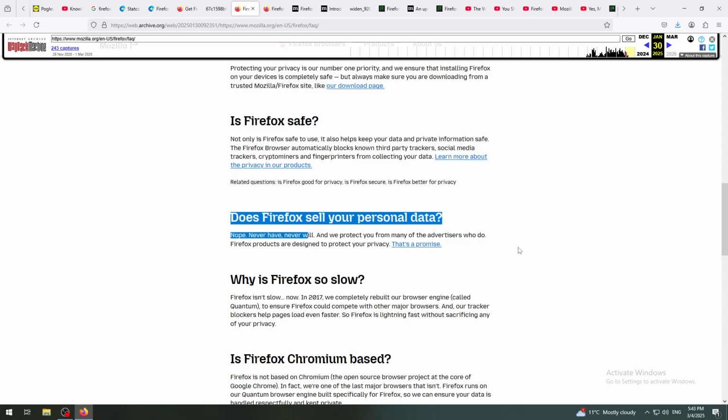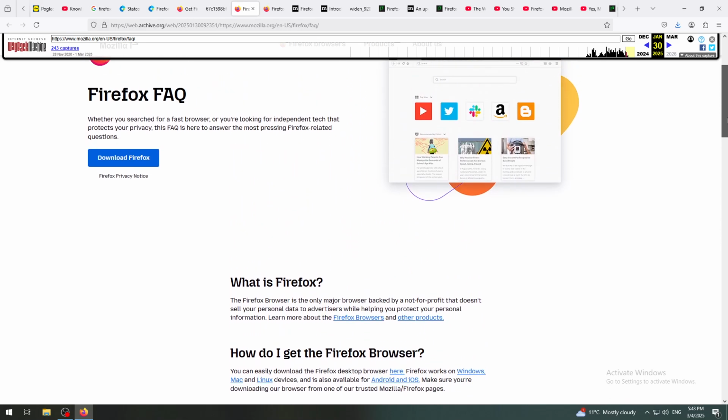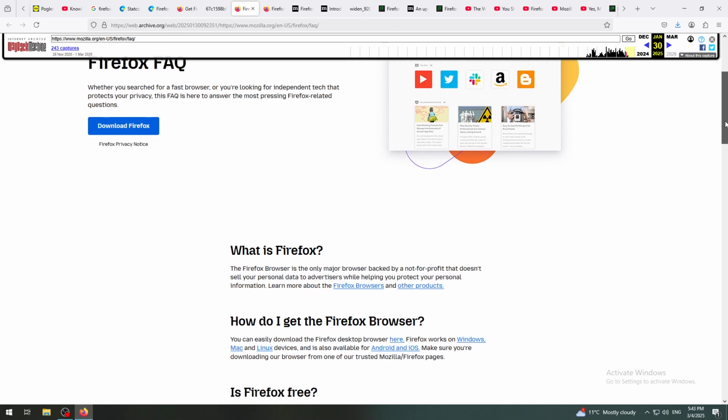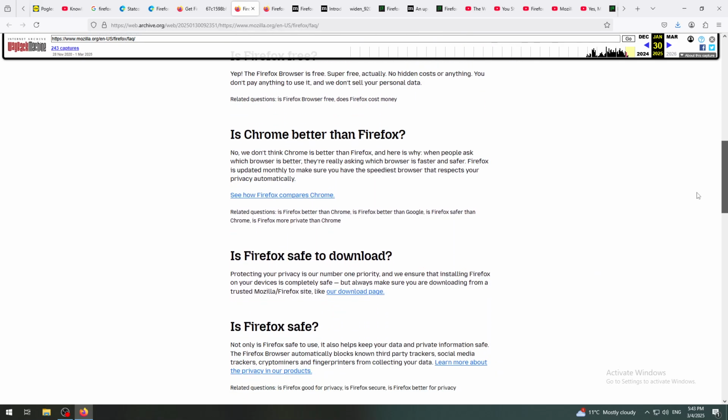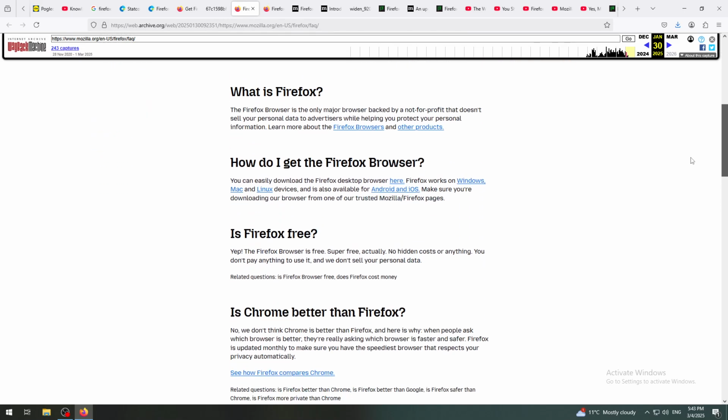So this is the web page screenshot by a web archive site, on which you, using the Wayback Machine, can see how some website looked a long time ago, not only a long time ago. You can see the date here in the top right corner. It says January the 30th, 2025. So that was about a week ago. So a week ago on Mozilla, Firefox frequently asked questions.